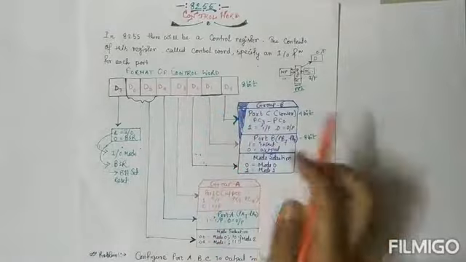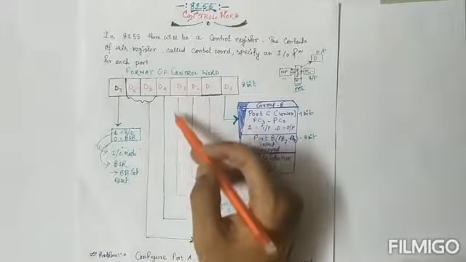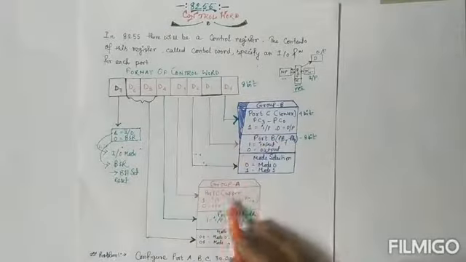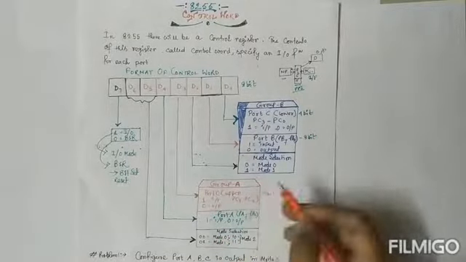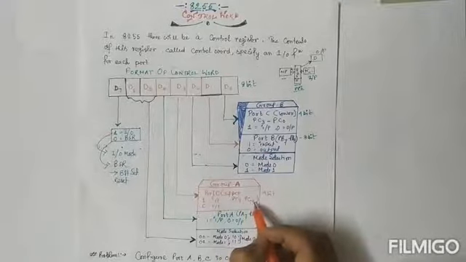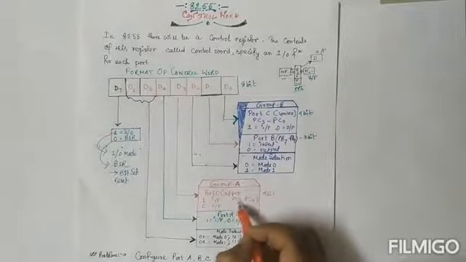Next, bit D3 indicates the group A port C upper, the upper 4 bits, PC4 to PC7.